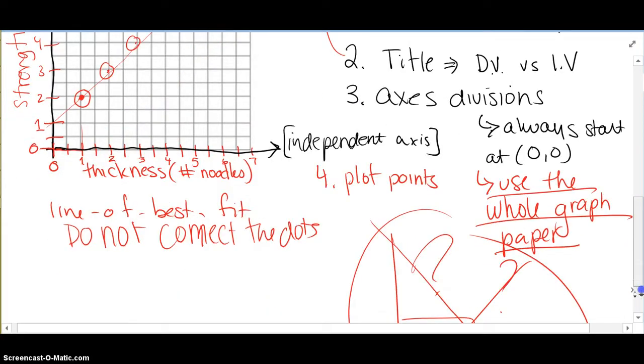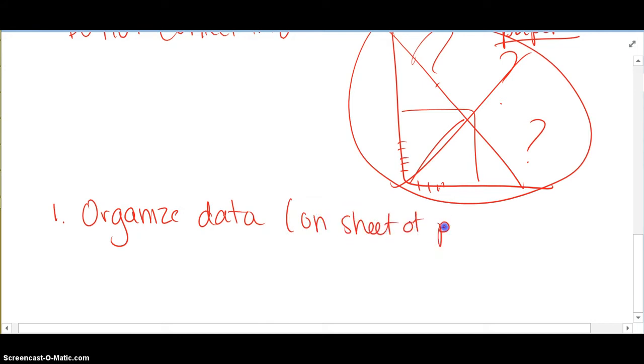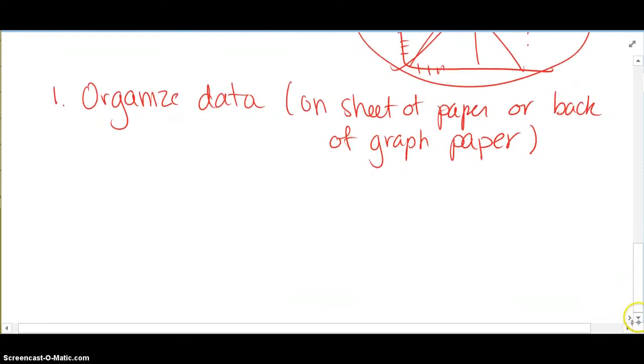So what you need to do tonight is first organize your data if you didn't in class. You can do that on a sheet of paper or the back of the graph paper. This will get turned in, so you need to make sure you do this. And then the second thing is to graph your data. So you can rewind this video and watch the steps again.